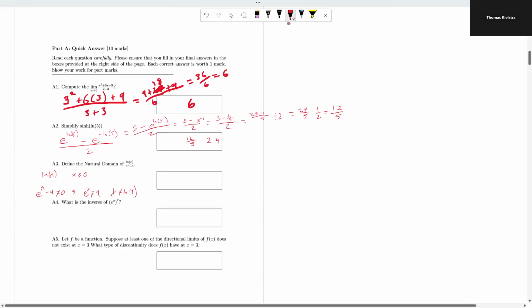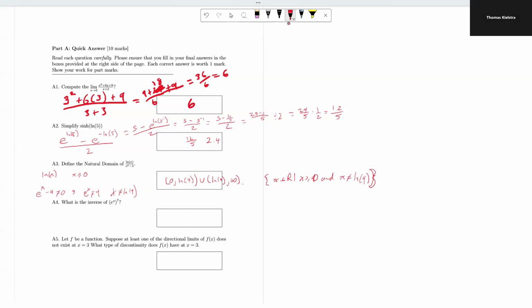So the natural domain is 0 up to ln of 4, union with ln of 4 to infinity. And you could also write this in set notation of x is an element of the reals such that x is greater than 0, and x does not equal ln of 4. Both of those are okay.